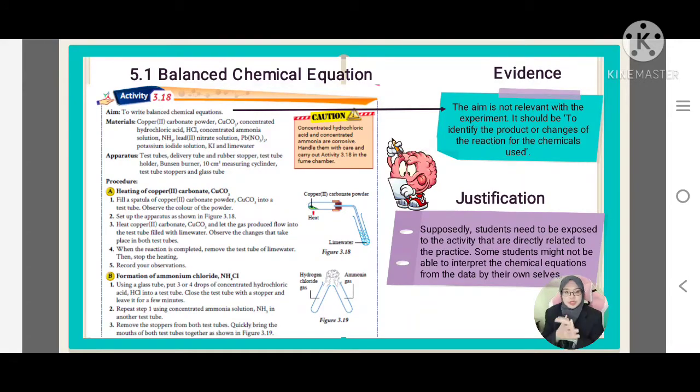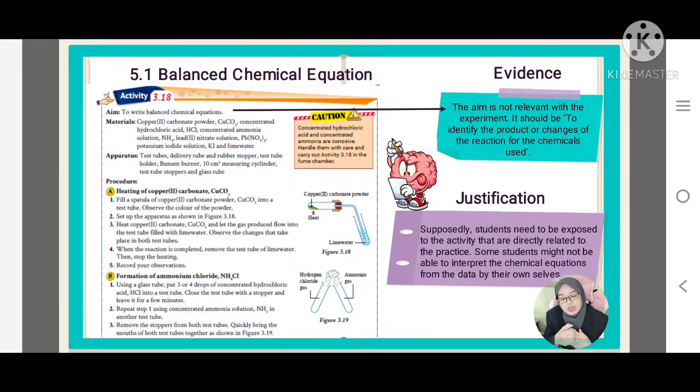The first experiment is about the balanced chemical equation. From the evidence that I have studied in this experiment, obviously the aim is not relatable to the experiment conducted, because in the experiment the students are given some reactants, and then it gives specific products.